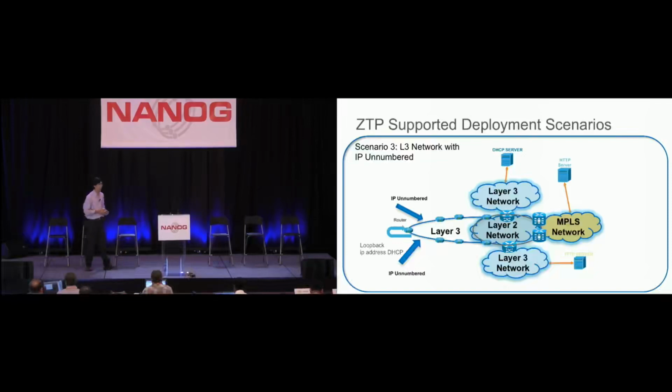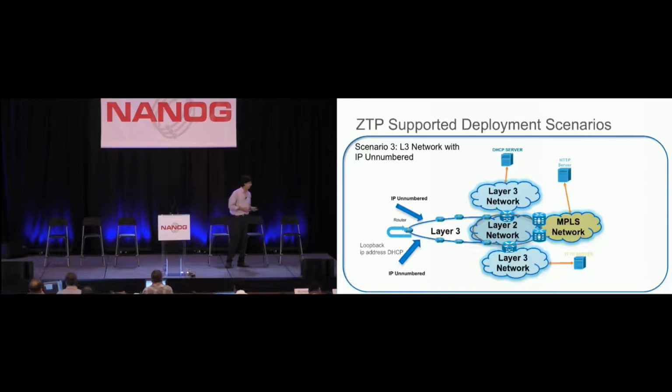How? Let's suppose you want to insert a device into the ring. When you insert a device into the ring in an IP numbered network, you break the subnet. When you break the subnet, you have to go to the adjacent site and reconfigure your IP addresses, right? If it is IP unnumbered, you can add the device, remove the device, and it will not impact your operation.